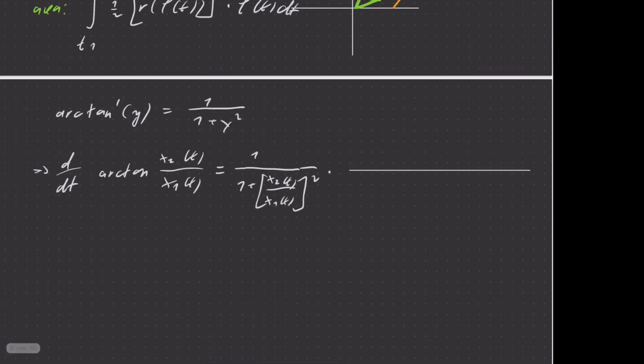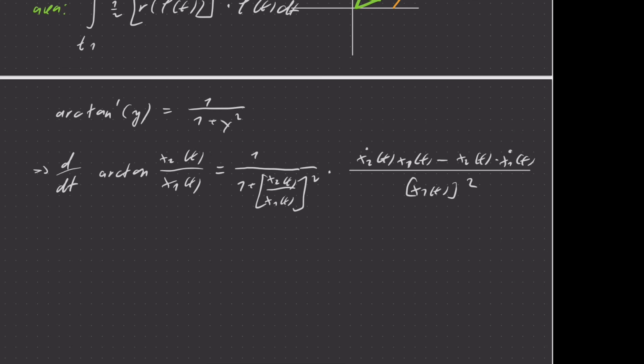So we start with the derivative of x2 prime t times x1 minus x2 of t times x1 prime of t divided by x1 of t squared.